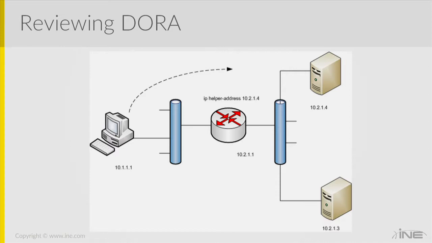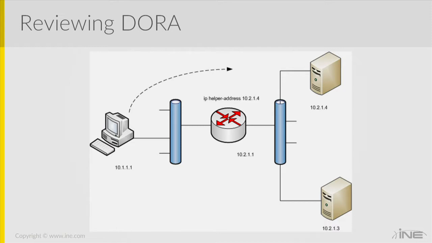Now, routers by default will not pass this information, so in order to do so, you will need to configure what's called a DHCP relay agent, and that is known in the Cisco world as an IP helper address. It will point directly to the correct DHCP server that will then send the packet back and be able to give it to the client so that it can get its dynamically assigned information.